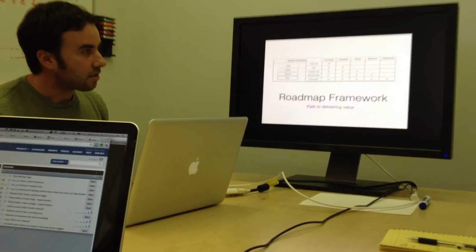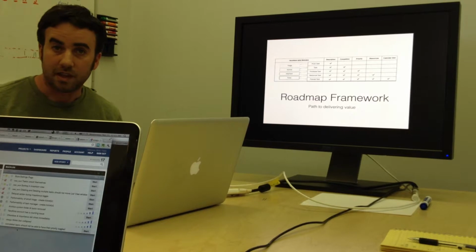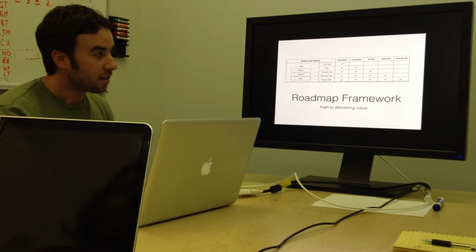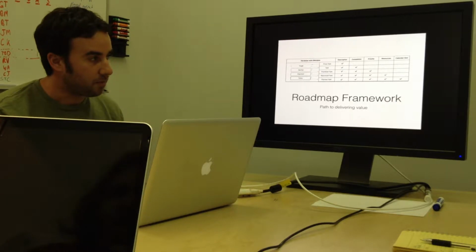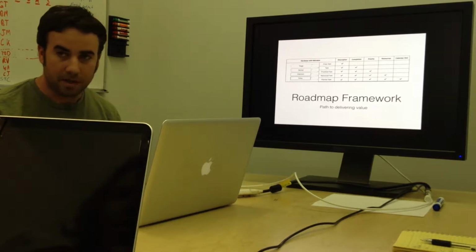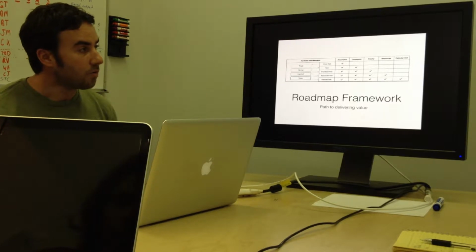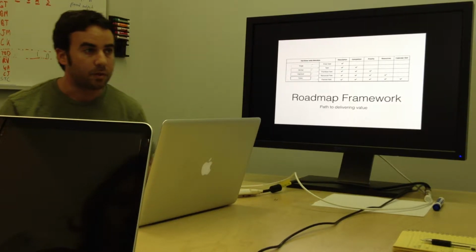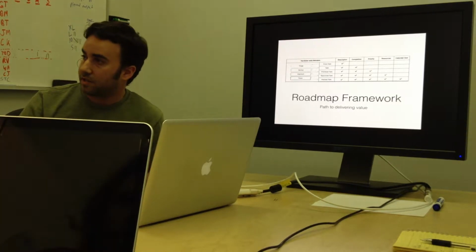So I start with this conceptual framework for the application, and this is a representation. I call this the roadmap framework because it helps paint a picture for how we can deliver value to users. We've all worked with analytics funnels before, and an e-commerce application is really easy.